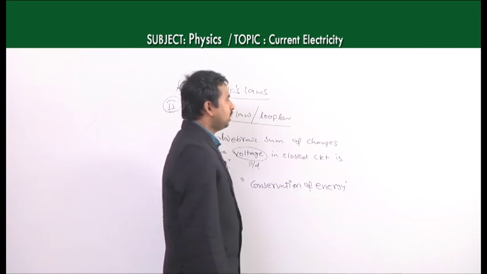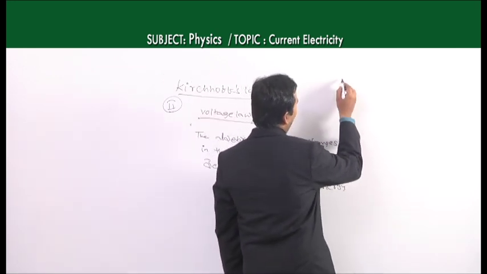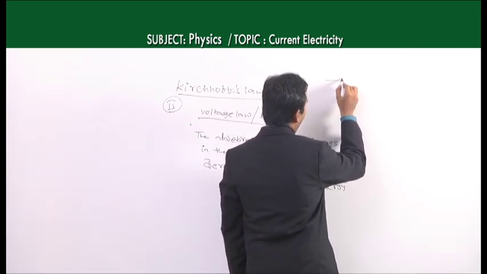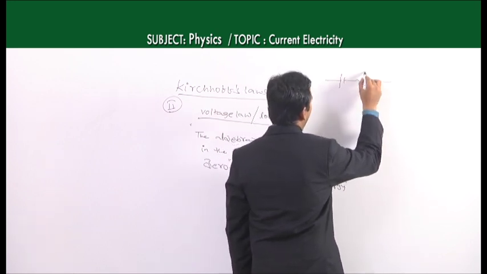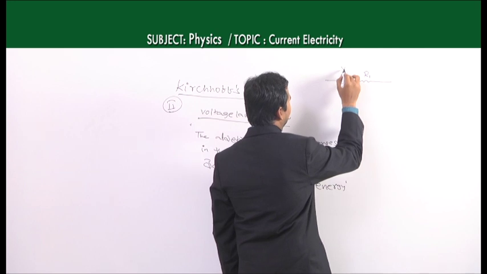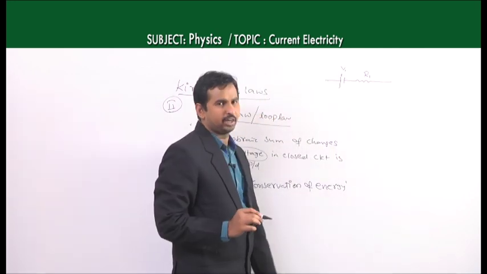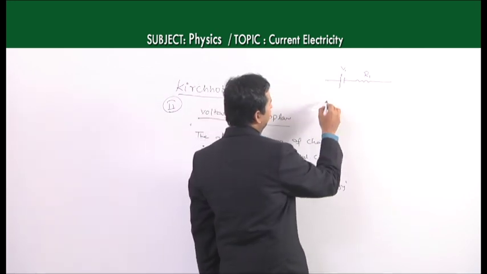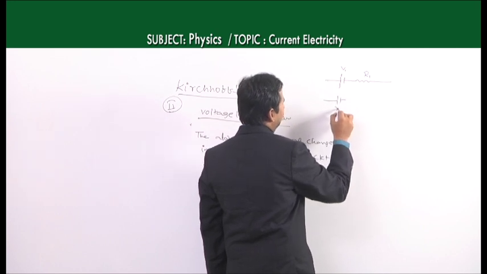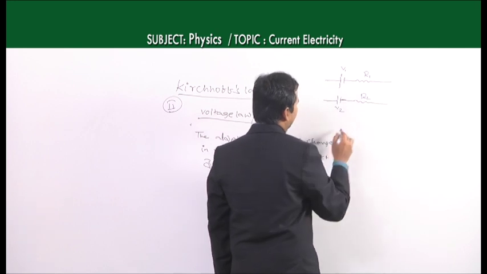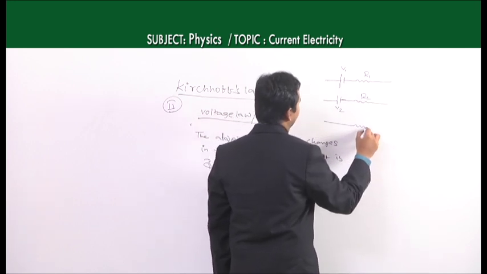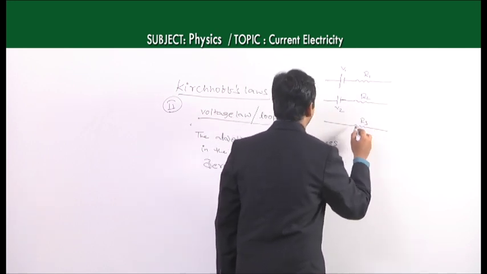For the example, we are taking a small circuit having 3 resistances. This is R1 resistance connected to a potential V1, which is the battery, and next we are taking one more battery V2, with resistances R1 and R2, and another resistance R3.